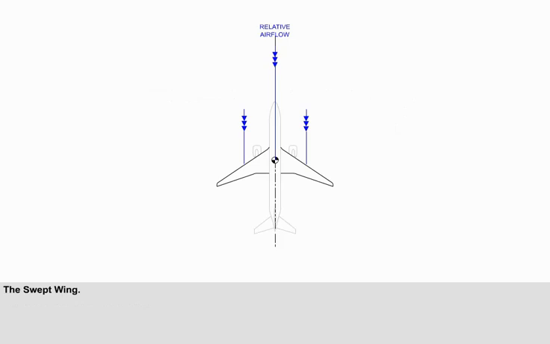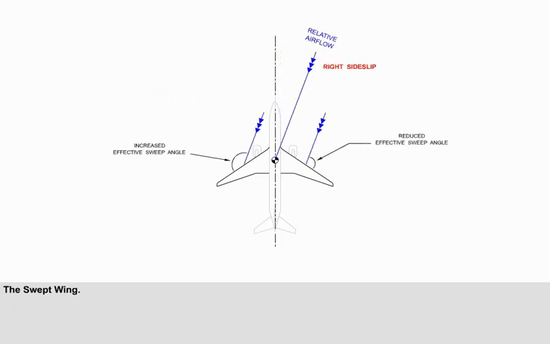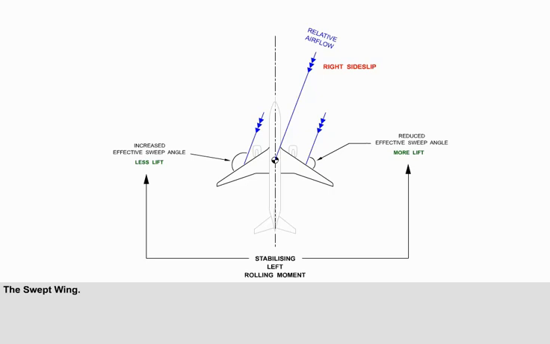Most jet transport aircraft have a swept wing to increase the efficiency of high-speed flight. In a right side slip, the wing into the wind has less effective sweep angle, and the wing out of the wind has more effective sweep angle. This gives more lift on the right wing and less lift on the left wing, which generates a stabilizing left rolling moment.